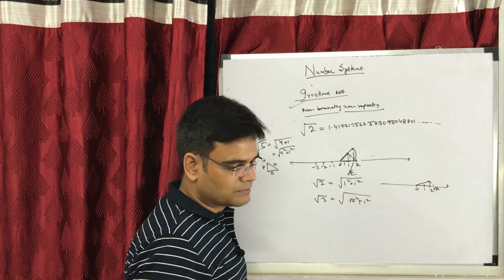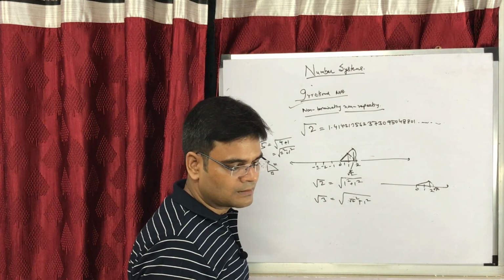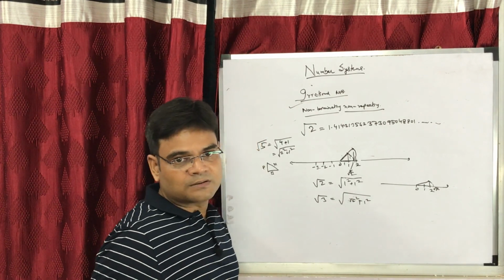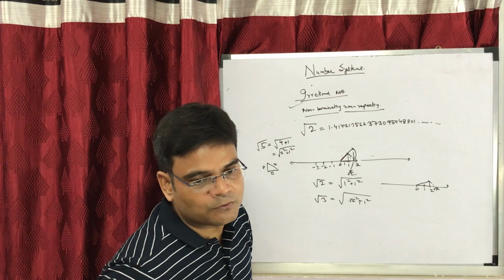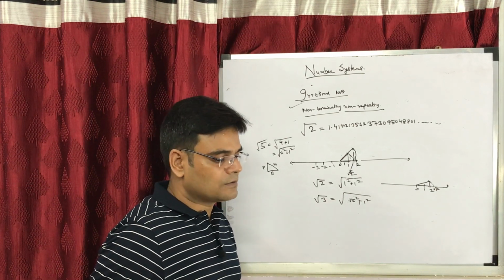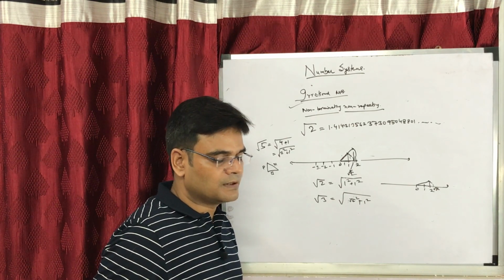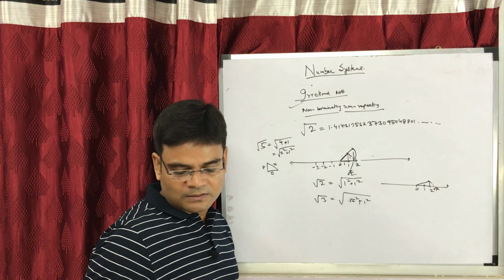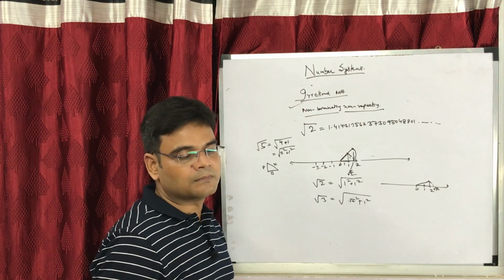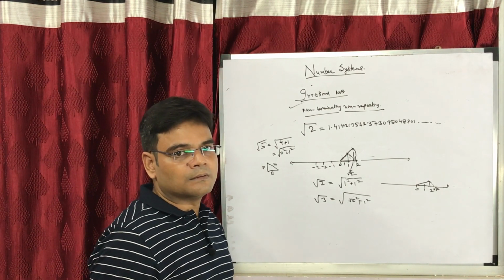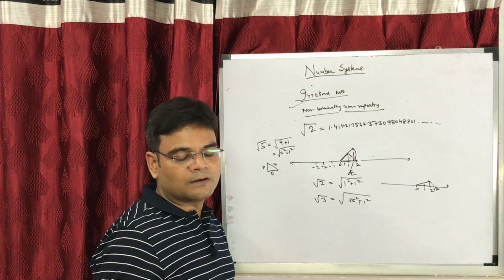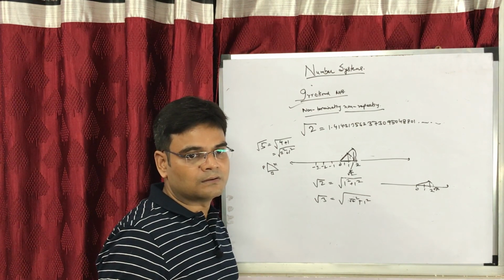But I hope this was clear. If there are any questions, you can definitely ask. I can solve many problems. Maybe the problem solving session we can cover in another session on real numbers.